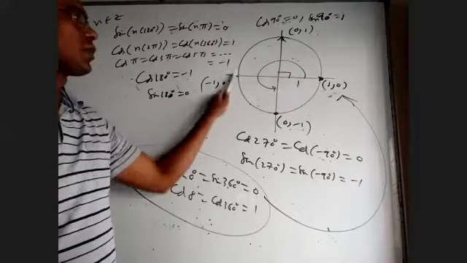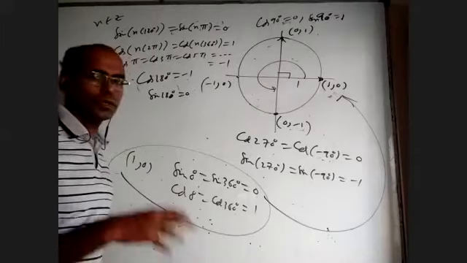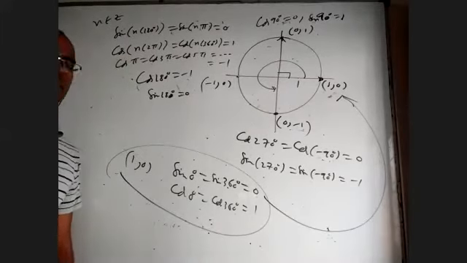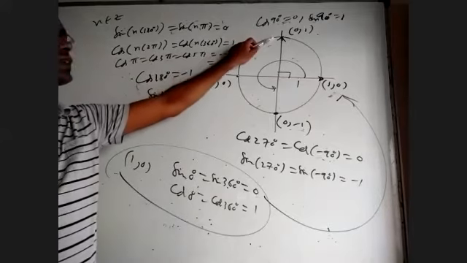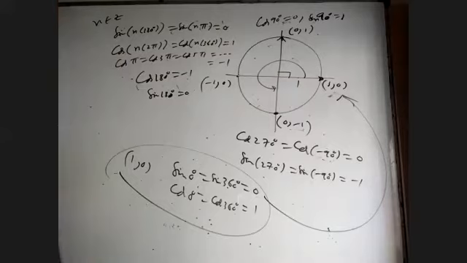Just by observing these 4 points, when you take an angle which is a multiple of 90, we are able to tell what is the sine value and what is the cos value. Right? You take sine 90 or 360 plus 90, keep on adding 360. Similarly, this.